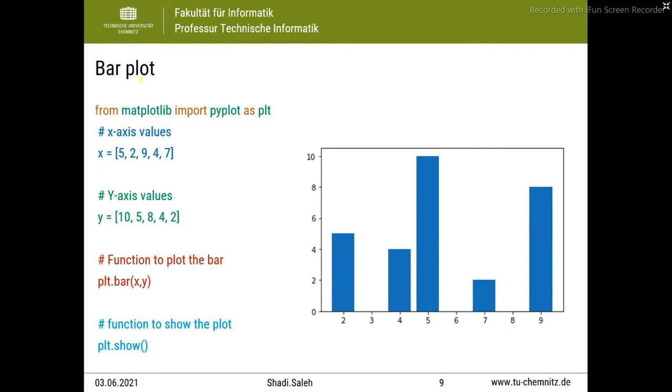And then there is a bar plot as well that is also similar, as you have the values and it is going to detect what the difference is vertically and what the value is horizontally. Same example: 5, 2, 9, 4, 7 and at the y-axis 10, 5, 8, 4, 2. So 5 and 10, that is the biggest value.